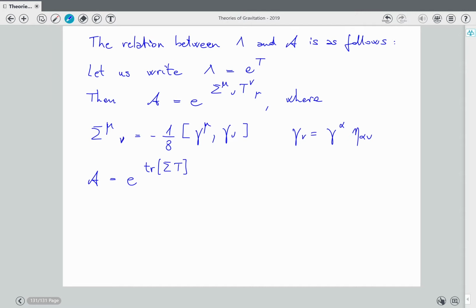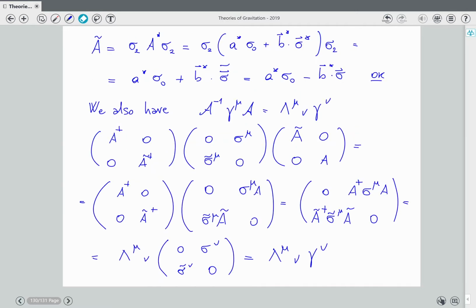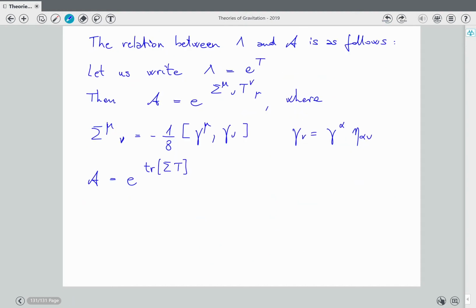So the trace of sigma t should be understood from now on that when you mean this trace, we trace those indices and nothing else. And we have to prove this now.